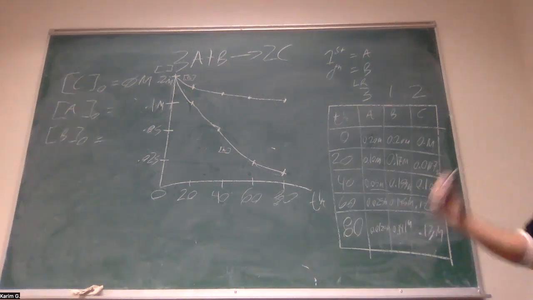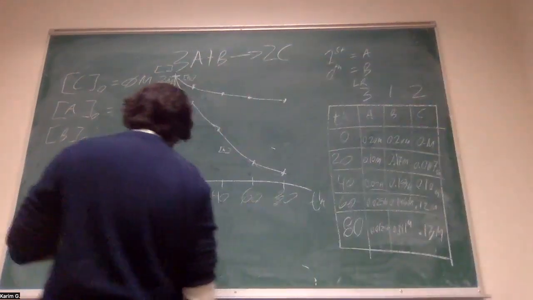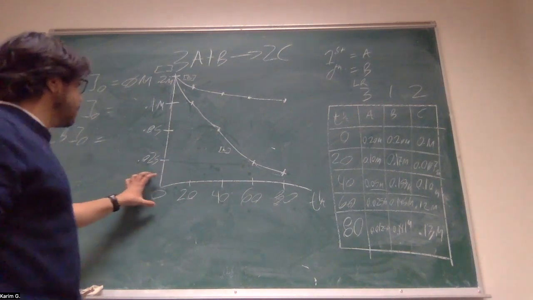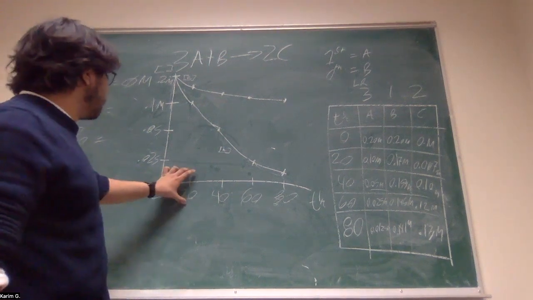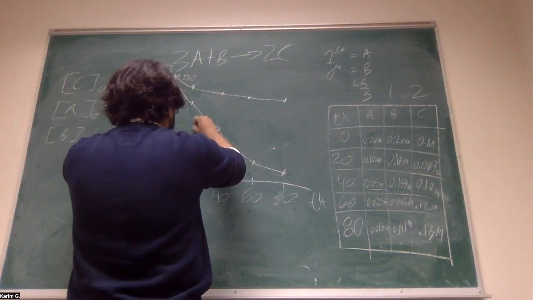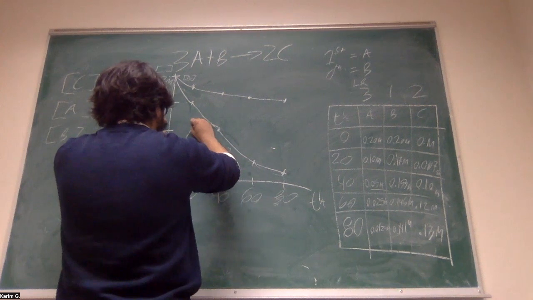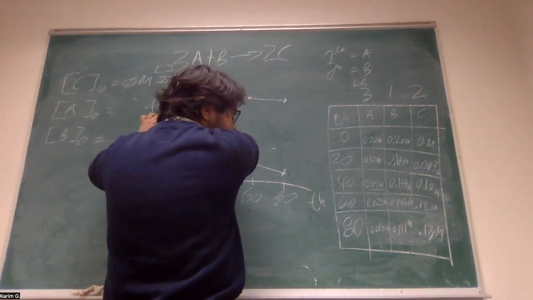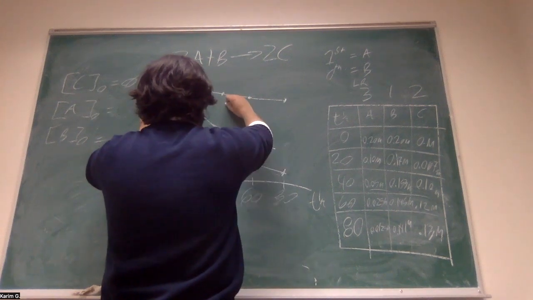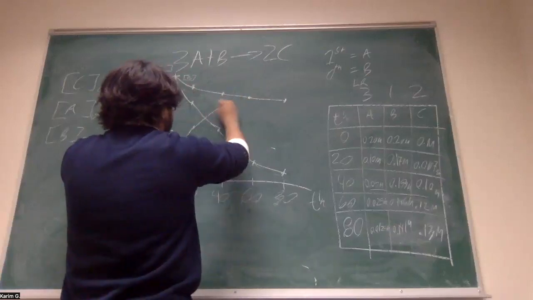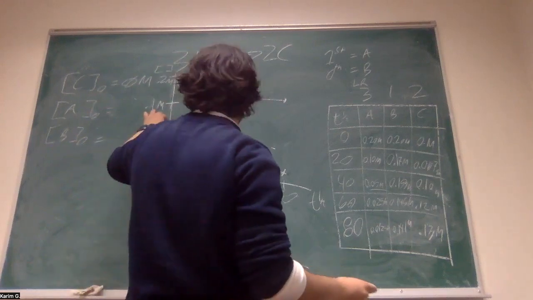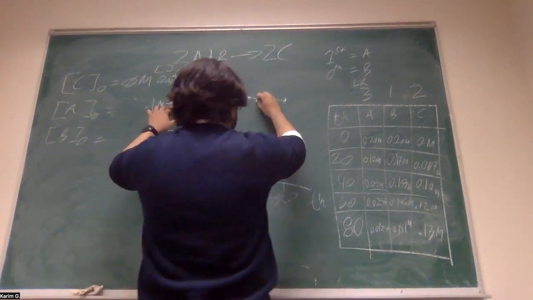Okay, now for C, it's just the same thing, just that it starts from 0, and we just plot from there. So here at 20, I'm already at 0.067, so I'm already a little bit above here. Okay, and then at 40, I'm at 0.1 here. And then 0.12, which is a little above 0.1 at 60.